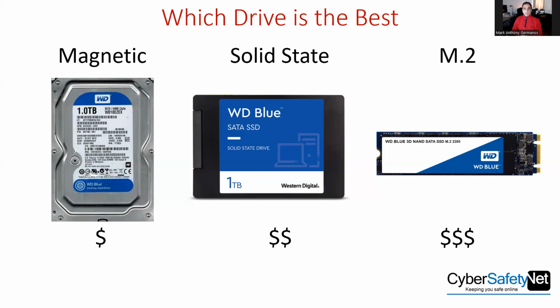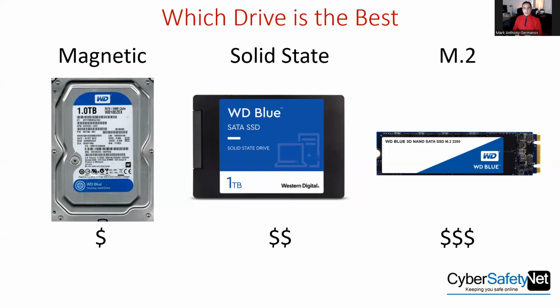Now, before you run out and buy the M2, just ask what you want to pay, because the magnetic drives are the cheapest and the M2s are the most expensive. And of course, in the middle, we have the solid state. I don't think storage is cost prohibitive anymore, because storage is stupid cheap these days.